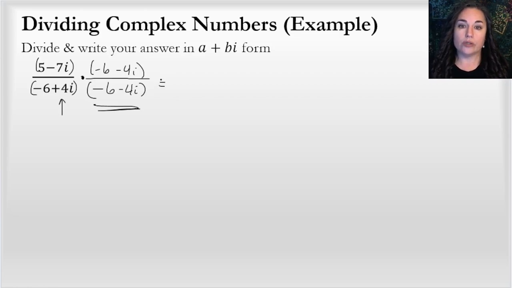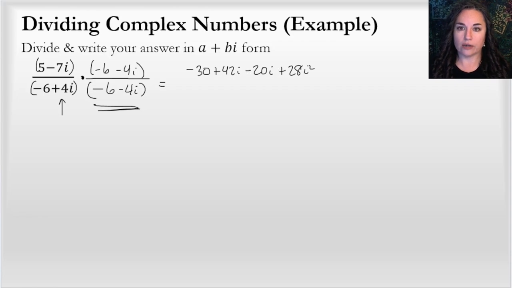So I'm going to multiply out the top and the bottom and simplify from there. This takes a few more steps. Watch out and be precise with your algebra and your mathematics in here. There are some negatives floating around, so don't lose or multiply too many negatives. So I get -30 plus 42i minus 20i plus 28i squared.